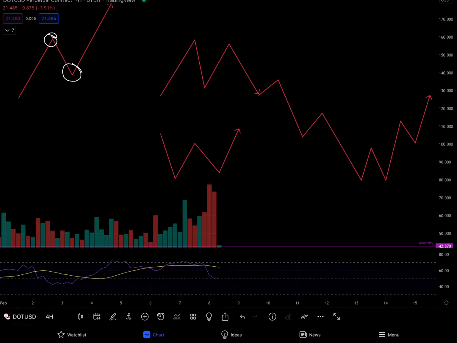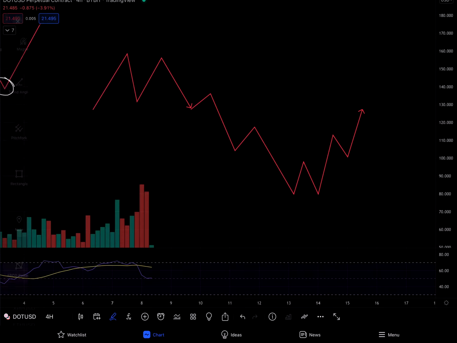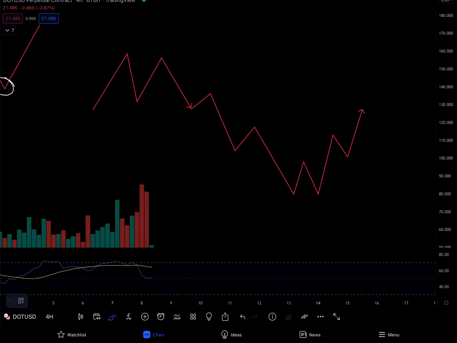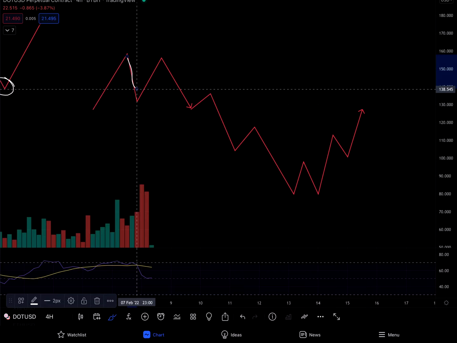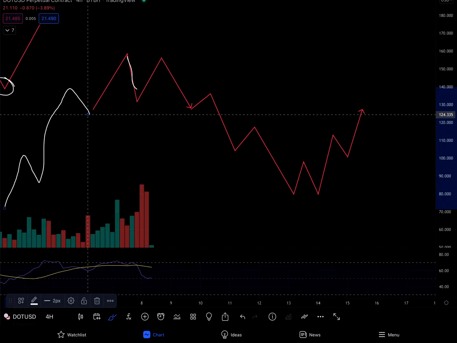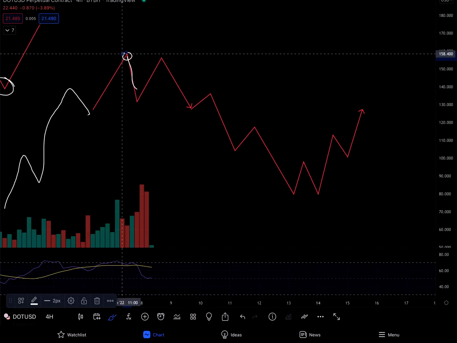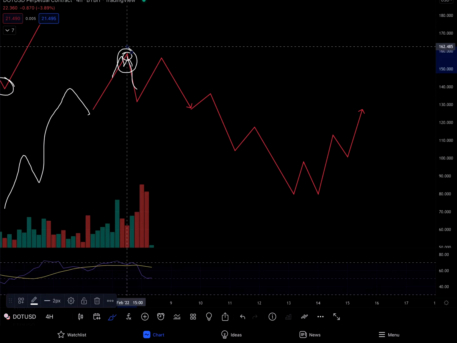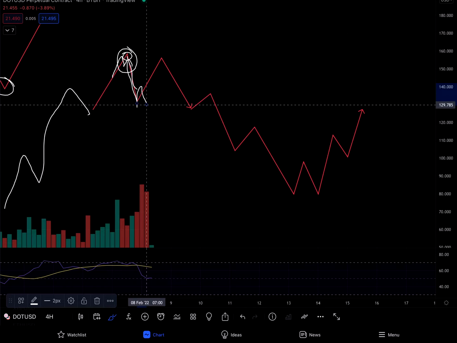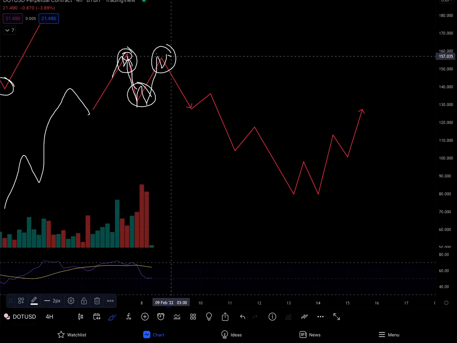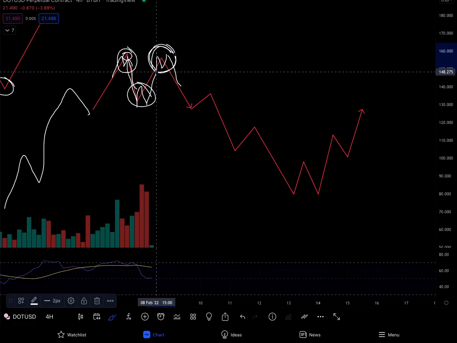Your best bet, if you're looking on the hourly, and you're looking at a pattern like this, you see a drop after 3 rises, say it already did that, and you got your third rise, you're going to zoom in and you're going to look for an M on the 5 or the 15 up here. That's going to show you your first drop. It'll form a little W. That'll be your rise. Form another M. And that is where you really want to go in.